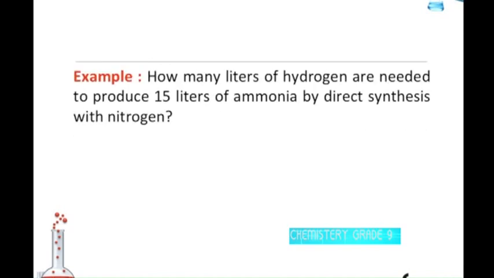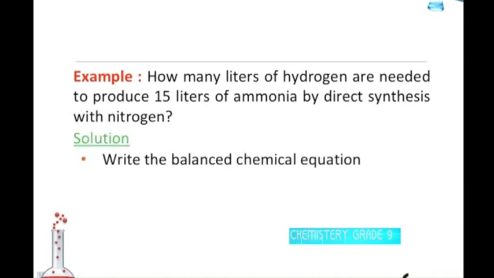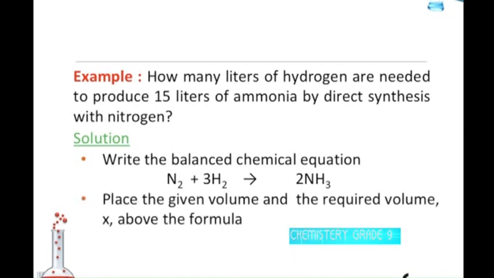For example, how many liters of hydrogen are needed to produce 15 liters of ammonia by direct synthesis with nitrogen? First, we write the balanced chemical equation. Nitrogen plus hydrogen yields ammonia. Place the given volume and the required volume X above the formula.